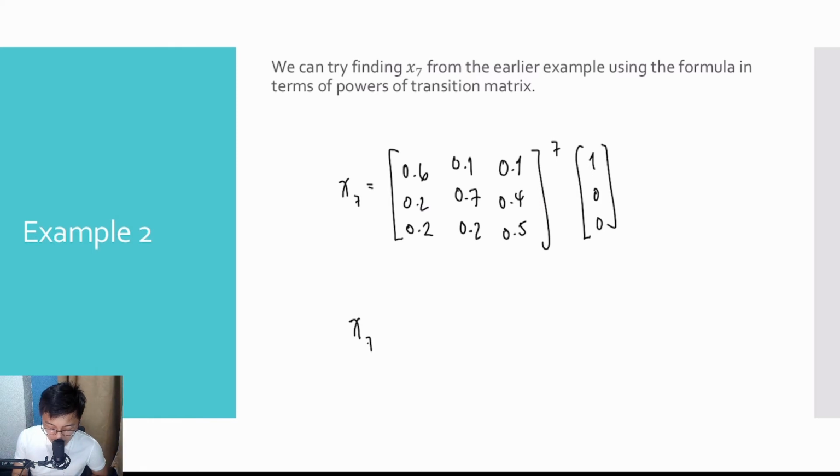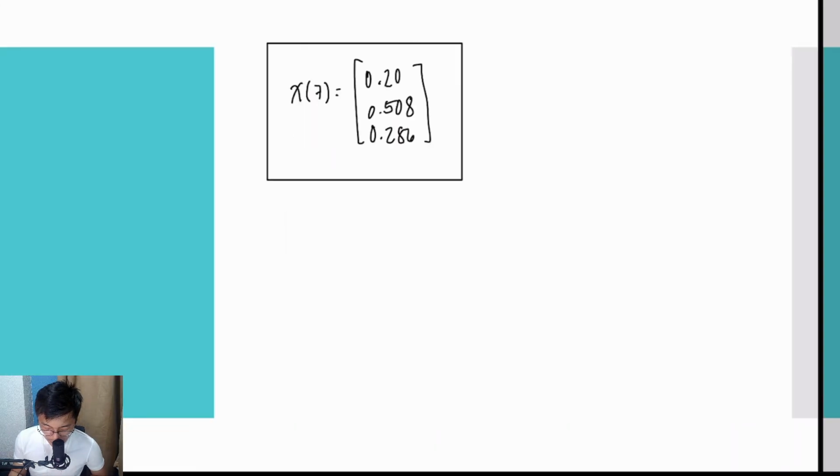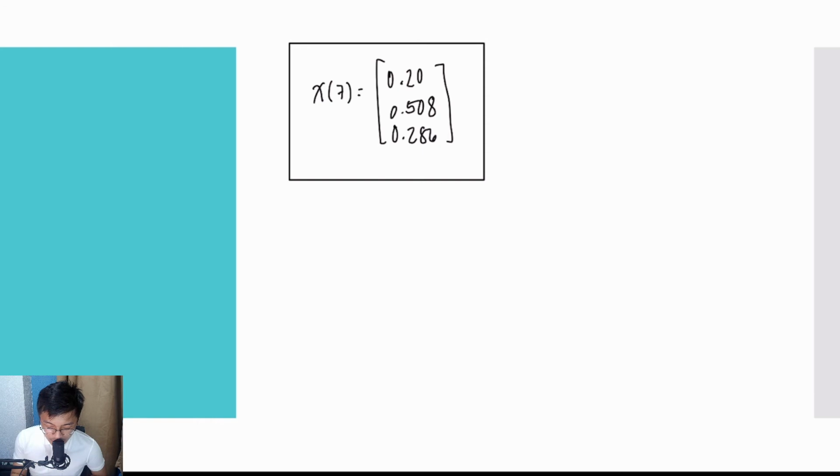And then if I use my calculator to solve for it, I will have 0.20, 0.508, and 0.286. Okay, which is just the same as this previous result.